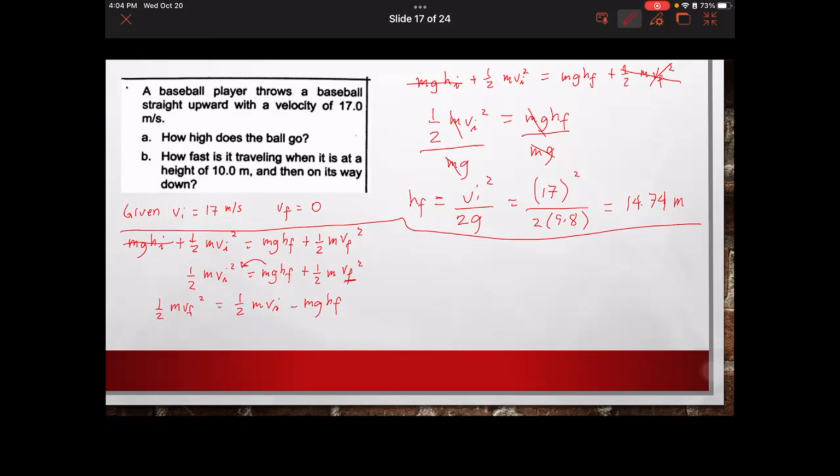Multiply tayo ng 2 para matanggal natin yung 1/2. So magkakaroon tayo ng mvf squared is equal to mvi squared minus 2mghf.